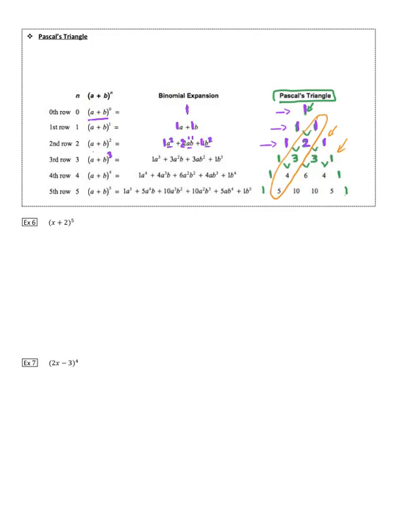If I'm cubing it, this is what we had on the previous page. Notice when you expand it, you have the 1, you have the 3, you have the 3, you have the 1. Voila, here it is in your Pascal's triangle. Notice that the sum of my exponents is always 3. So 3, 2 plus 1, 1 plus 2, 3.